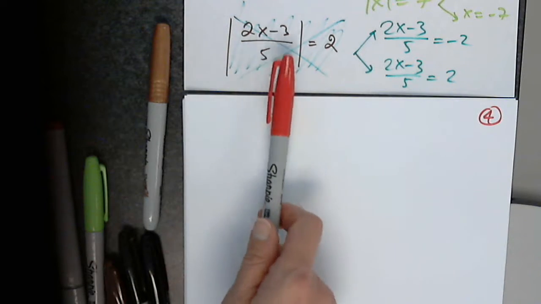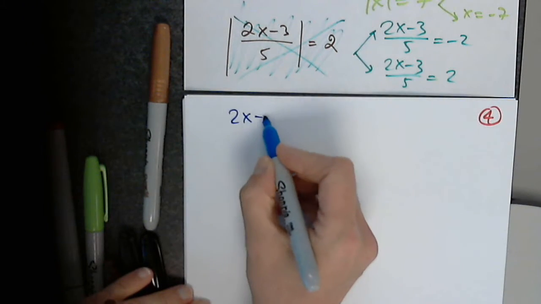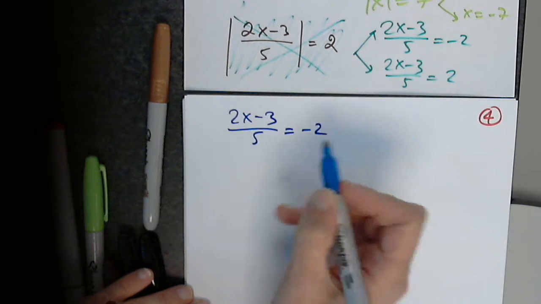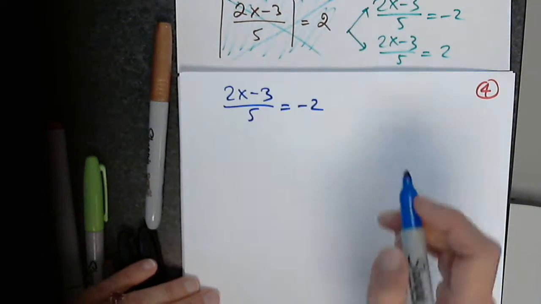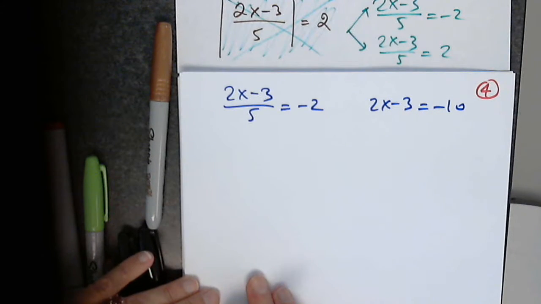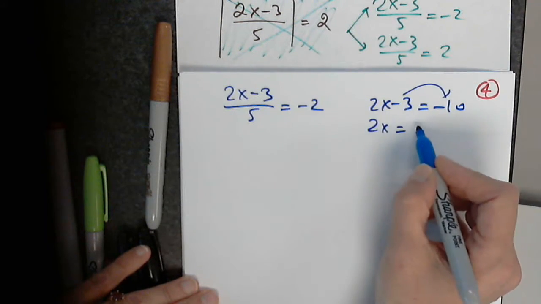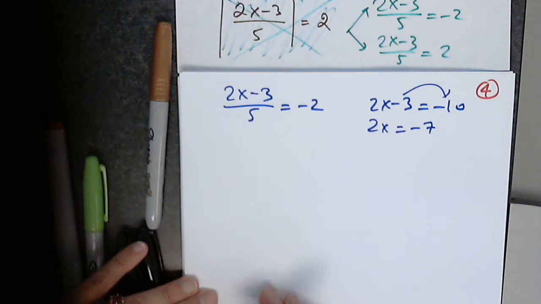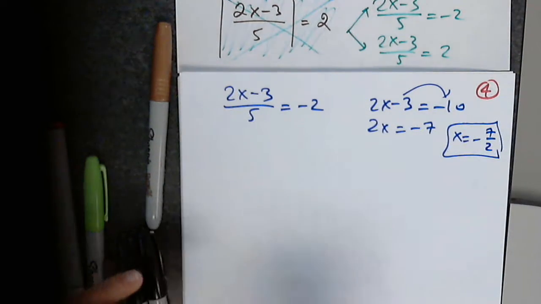But in this one, I cannot. Please keep that in mind. So the first one is 2x minus 3 over 5 equals negative 2. What do I do here? Good. So then I have 2x minus 3 equals negative 10, and then? So 2x equals negative 7. And finally, x equals negative 7 halves.